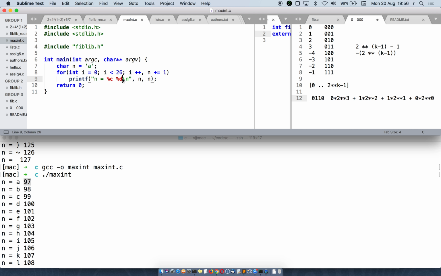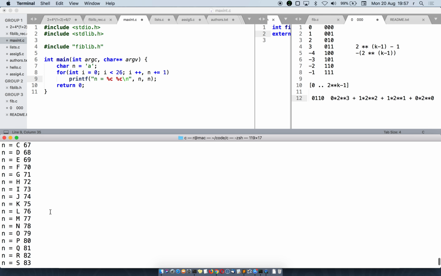So instead of this %d here, I would like to print the small letters and the capital letters. What do I do? So you're going to say, oh, let me go here and remember that this is 65 and this one is 97.